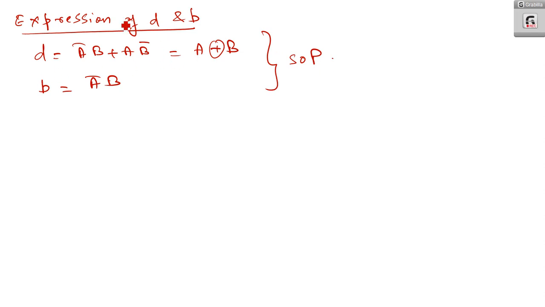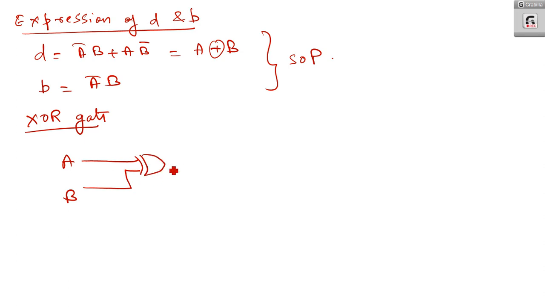Now if you are drawing using the XOR gate, so realizing using XOR gate, you can realize it like this. You are having A, B, and A XOR B. So here you will get D. What is D?